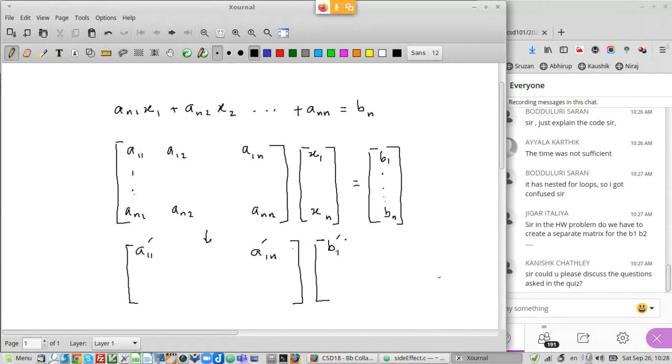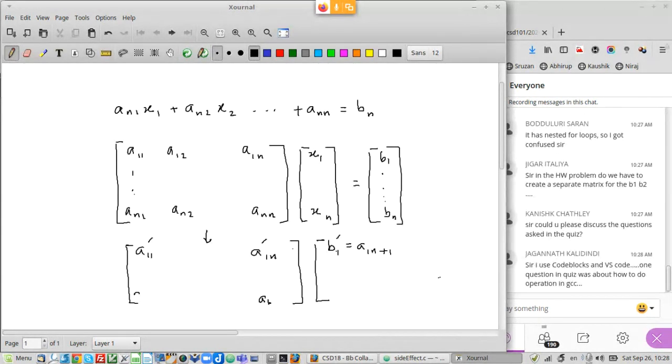This is added on as another column, so this is equal to A1 n plus 1, and so on. So all of these are triangular, and Bn dash is equal to An n plus 1 dash, and this whole thing is added on here.